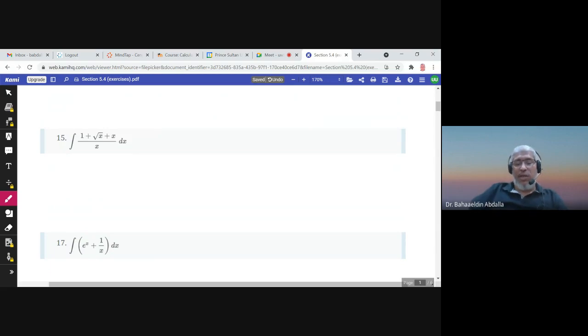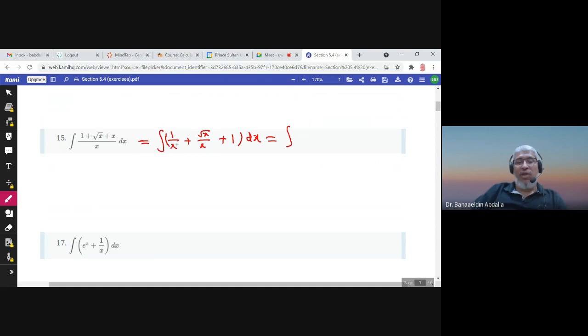Here, I have to distribute the numerator over the denominator first. So I write it 1 over x plus square root of x over x plus x over x, which is 1, dx. And then I write all of them as a power of x.